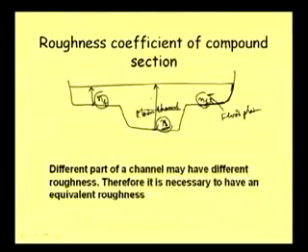Of course we can go for a lot more discussion on this part. So different parts of the channel may have different roughness, and therefore it is necessary to have an equivalent. We will call that equivalent Manning's constant. Okay.